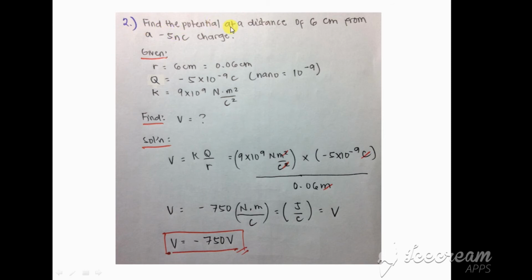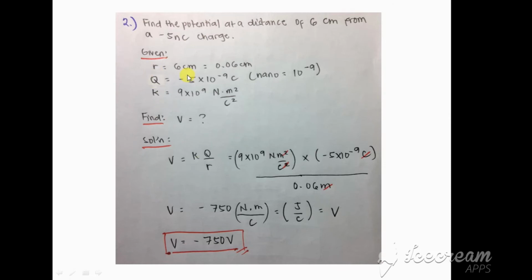Find the potential at a distance of 6 centimeters from a negative 5 nanocoulomb charge. The given values from the problem are a distance and a charge. So in order to compute the electric potential, we're going to use the final formula, V equals K times Q over R. Based on our given, we only have distance and charge, so we're going to use this formula.